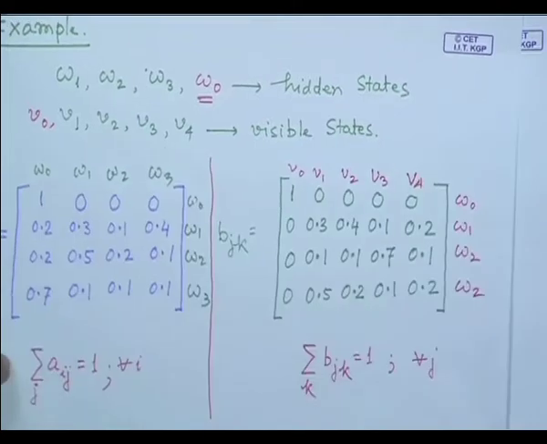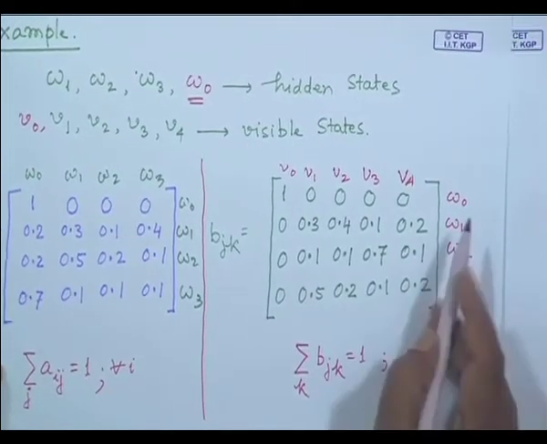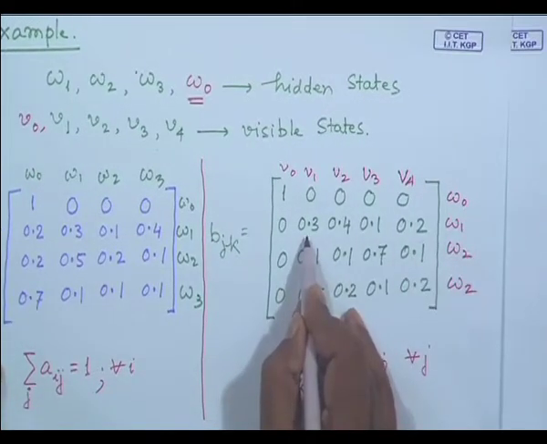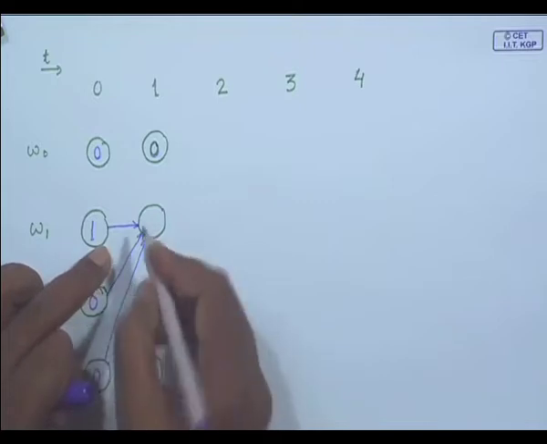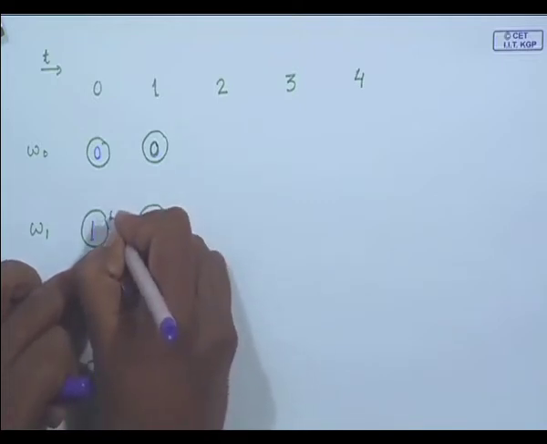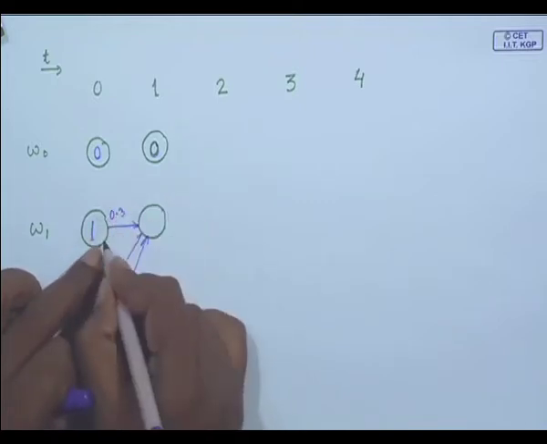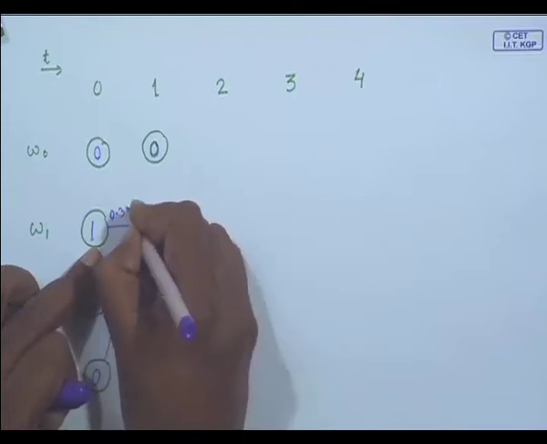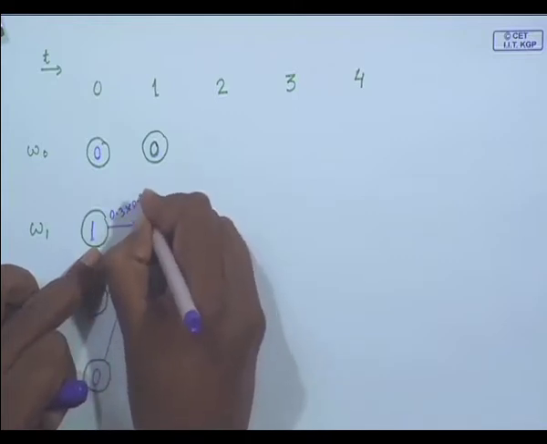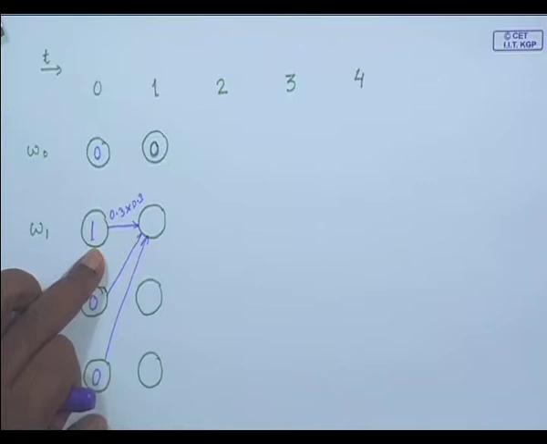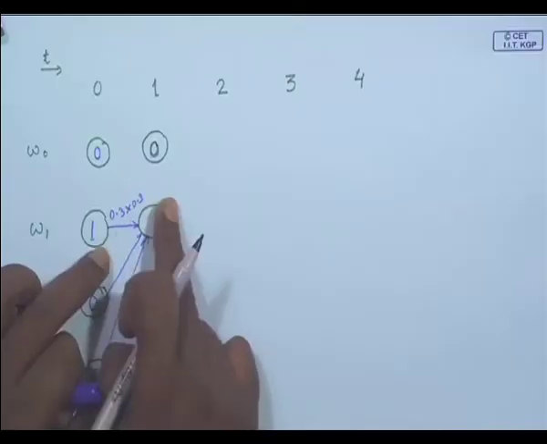The probability that from state omega 1 it outputs V 1 is 0.3. So over here it will be 0.3, the transition probability from omega 1 to omega 1, multiplied by 0.3 again, which is the emission probability of the visible symbol V 1 from state omega 1. So this is 0.3 into 0.3.